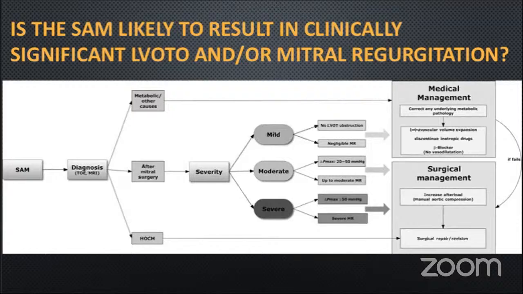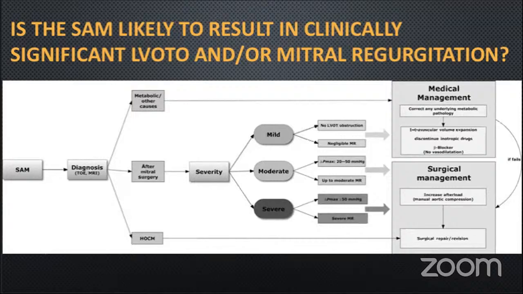Those might be tackled surgically, either by mitral valve repair in experienced hands, or, I'm not sure if the young surgeons should go directly to replacement in those situations. I would leave that at the end of the discussion to the senior consultants, senior residents and registrars who can comment on this.